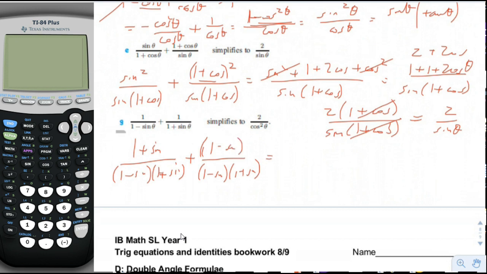And so the top is going to be 1 plus sine plus 1 minus sine. So that's going to give us 2. And on the bottom, it's going to be 1 minus sine squared theta, which is also equal to cosine squared theta. So 2 over cosine squared theta. Okay, that's it.